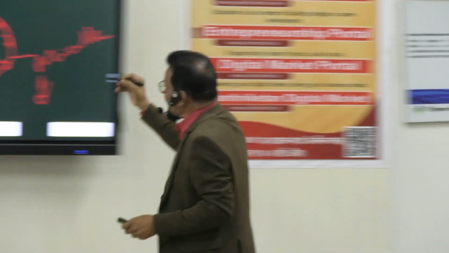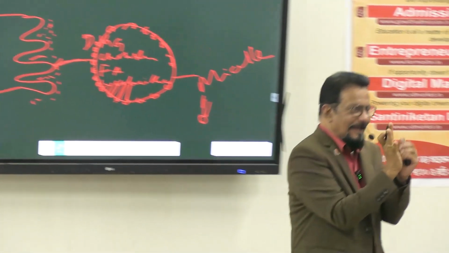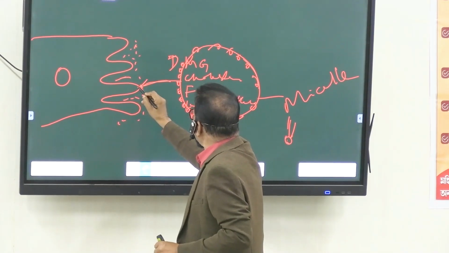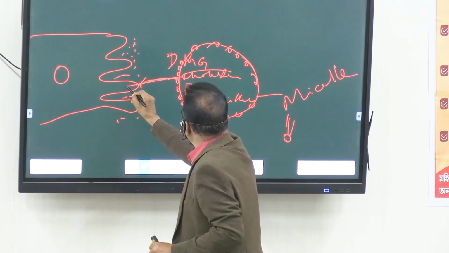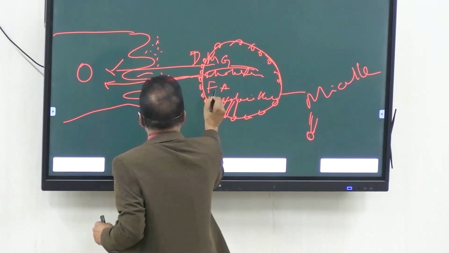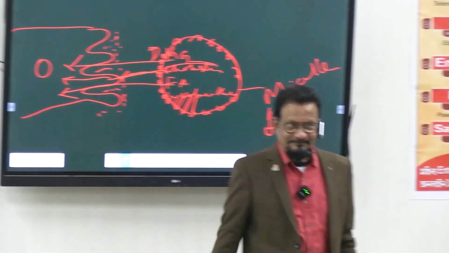So now this micelle will move and easily adhere to the membrane. When it is adhered here, these come in direct contact with the membrane. So now cholesterol will enter here, monoglyceride will enter here, fatty acid will enter here, leaving the bile salts here.